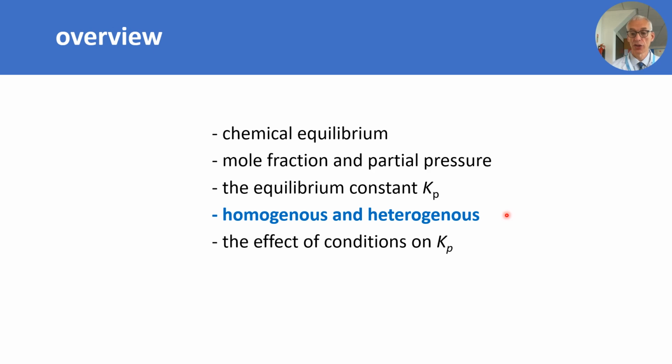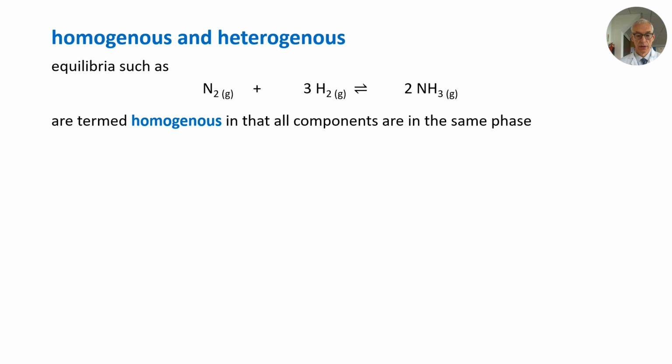Homogeneous and heterogeneous equilibria. Equilibria such as the one seen in the Haber process, nitrogen and hydrogen forming ammonia, are termed homogeneous in that all the components, nitrogen, hydrogen, ammonia, are all gases.